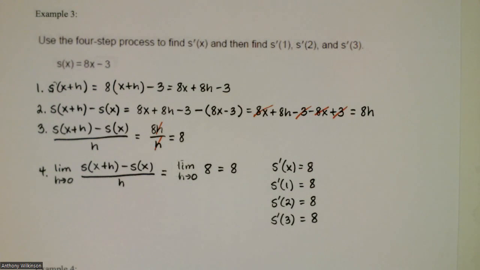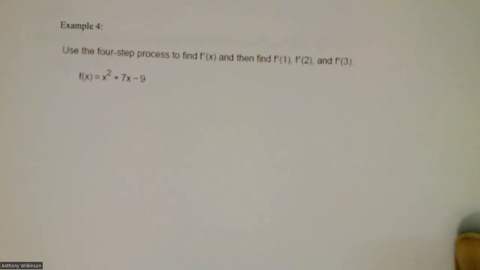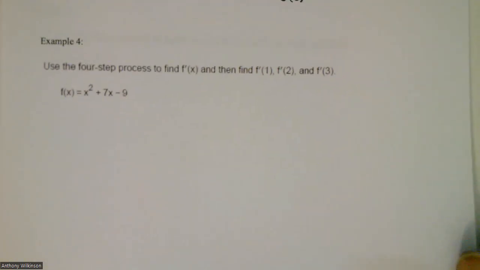All right, let's look at the next example. Again, we're going to use the four-step process to find f prime of x, and then find f prime of 1, f prime of 2, and f prime of 3. This time, f of x is equal to x squared plus 7x minus 9.